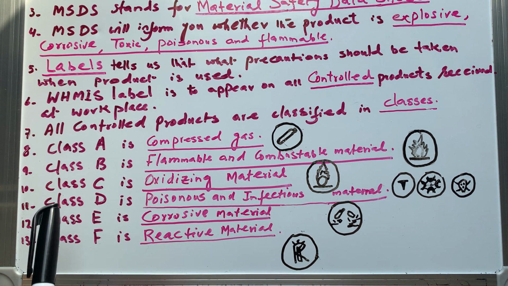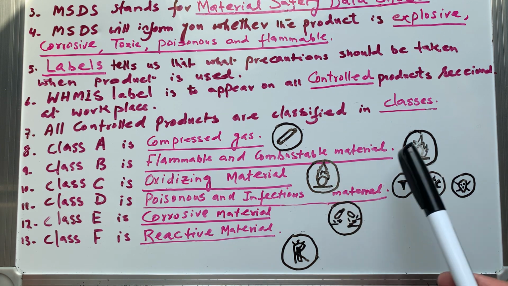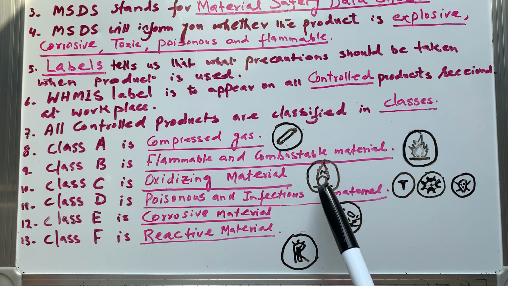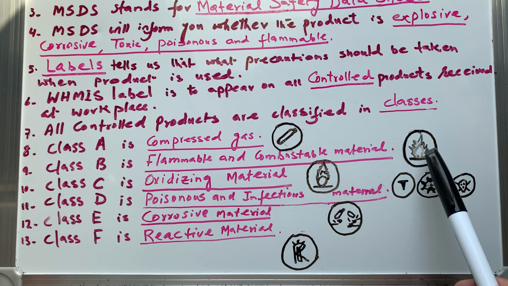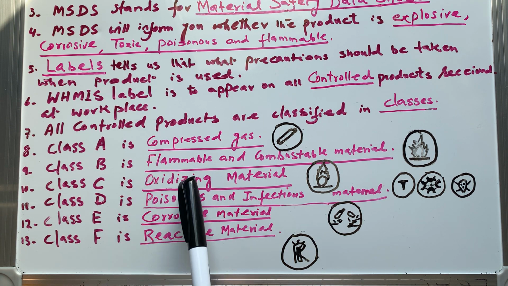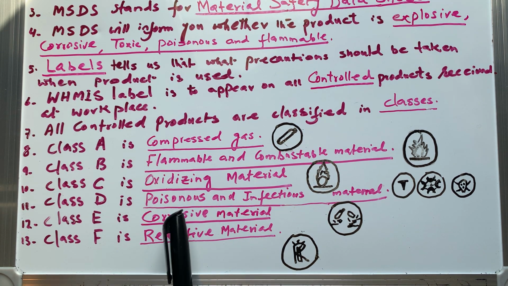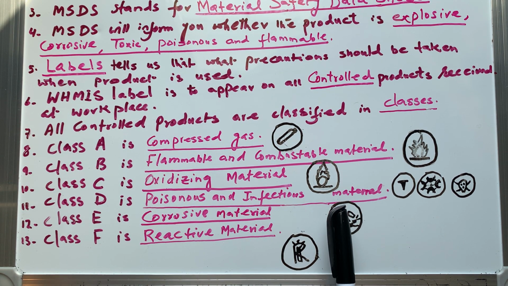Remember, class C is oxidizing material. The symbol looks the same, but don't confuse them. With the oxidizing material, we have an O and then the flame, and with the flammable and combustible material, we have only the flame. There's no O. So C is oxidizing material. Then D is poisonous and infectious material.